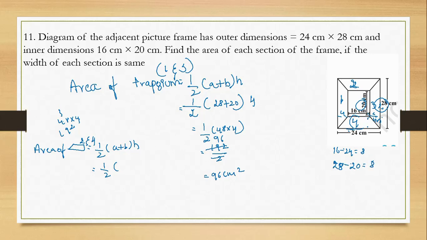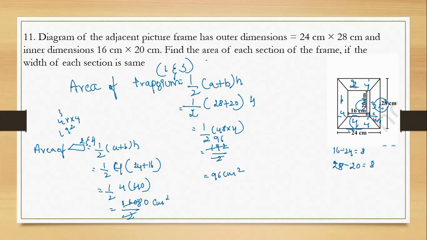So this is 4 centimeter and this is 4 centimeter, so height will be 4 centimeter. One parallel side is 24 and other parallel side is 16, so 1 by 2 into 4 of 24 plus 16 is 40, that is 160 by 2, that is 80 centimeter square.